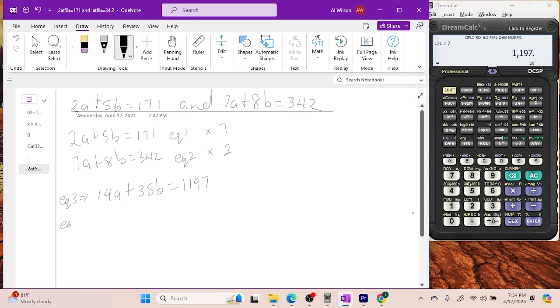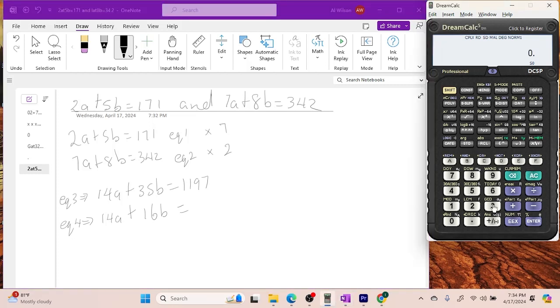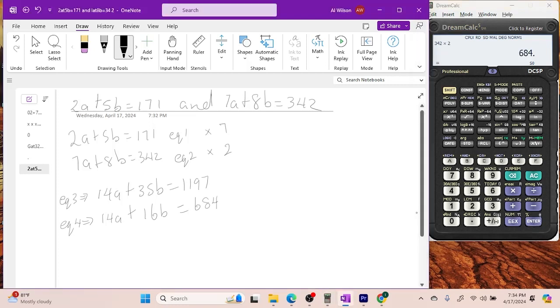And my equation 4, 7a times 2 is going to give us another 14a, plus 8b times 2, 8 times 2 is 16b, is equal to 342 times 2, which is 684.